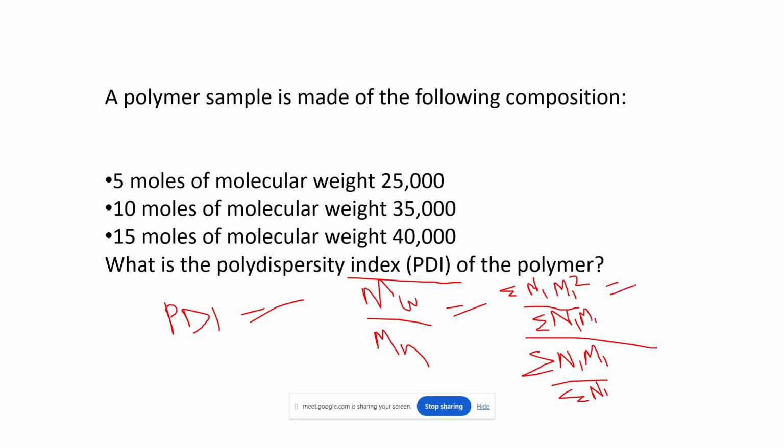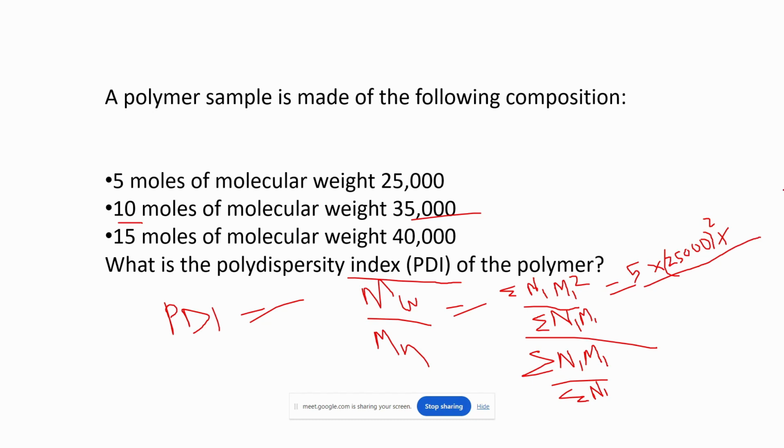So the top will be 5 into 25,000 square, plus 10 into 35,000 square, and 15 into 40,000 square.